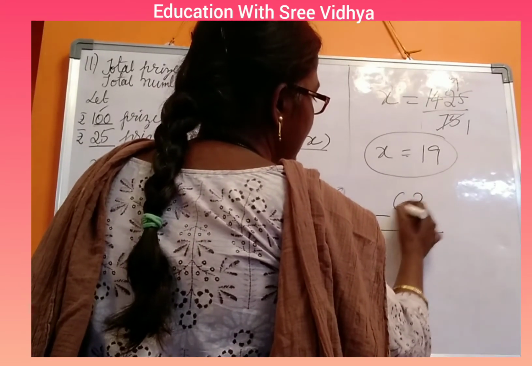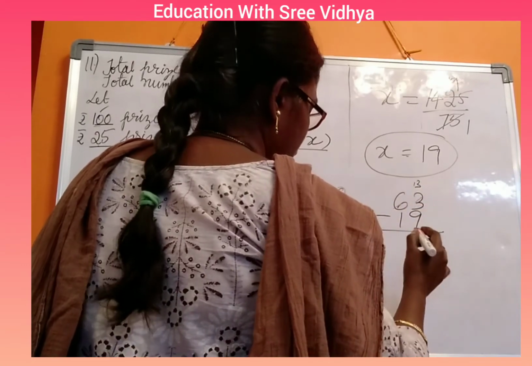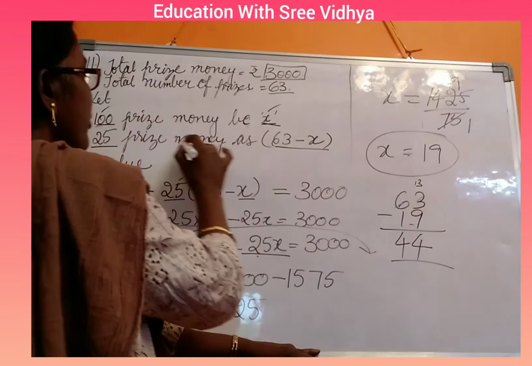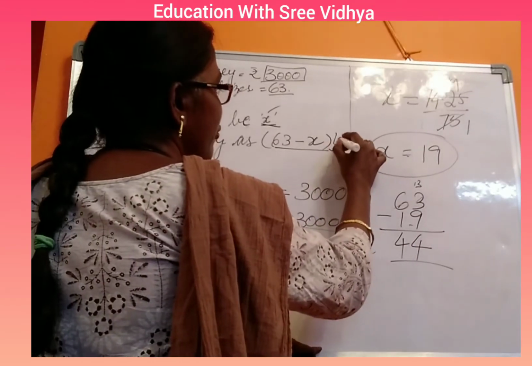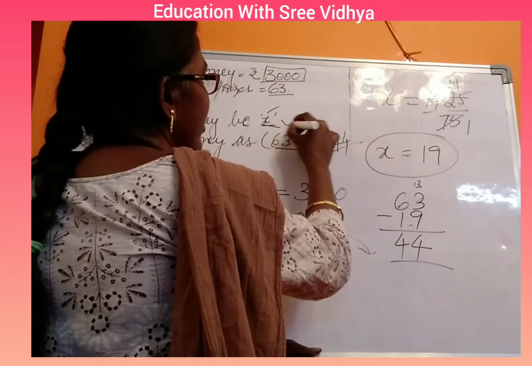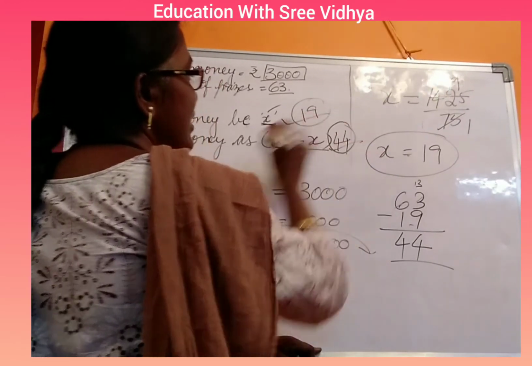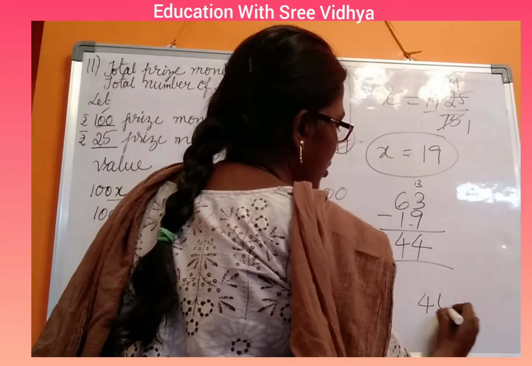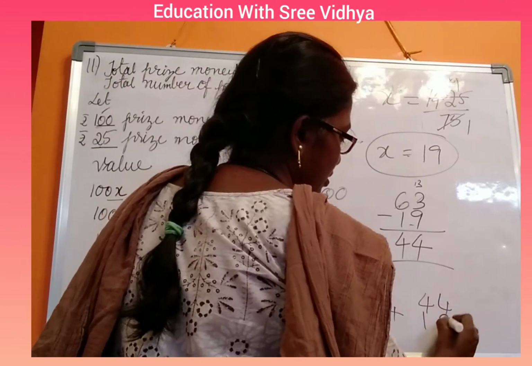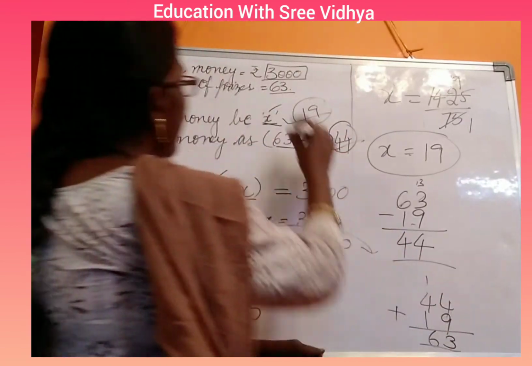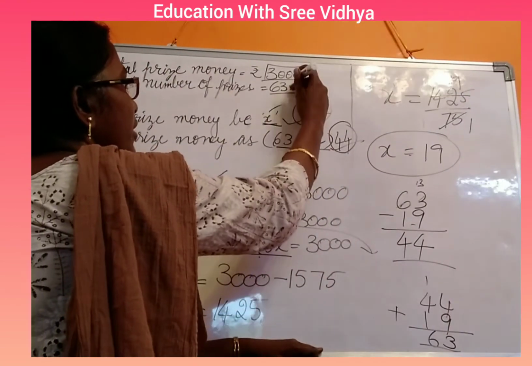So 13 minus 9, 4; 5 minus 1, 4. So for 25 rupees prizes we will be getting 44. Here we are getting 19. Now let us add these two. 44 plus 19, 63. So we got this number, hence verified.